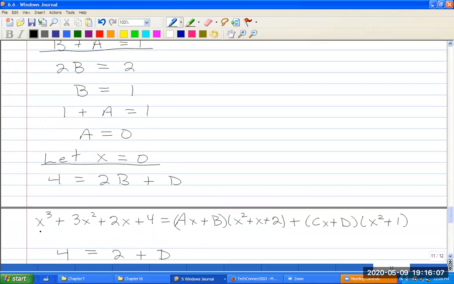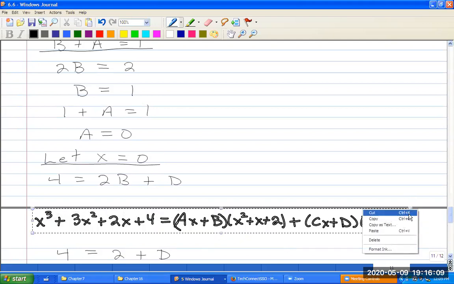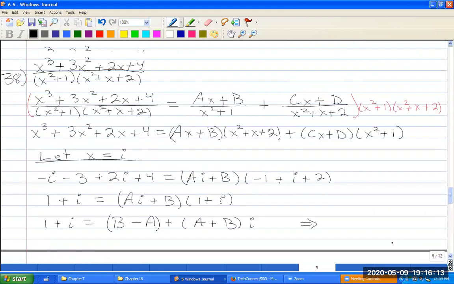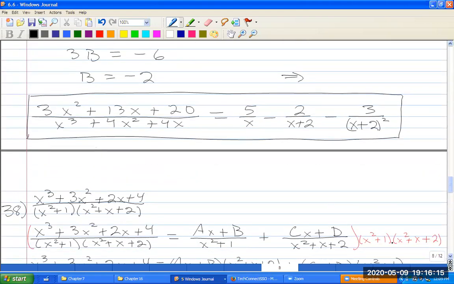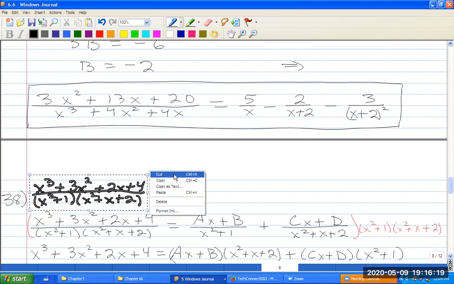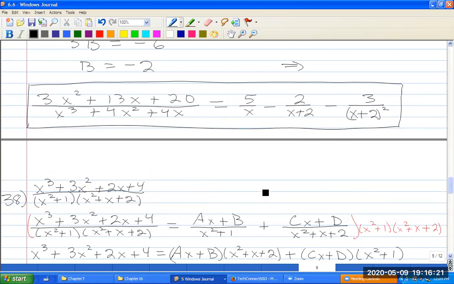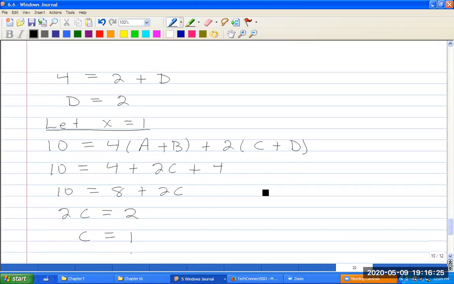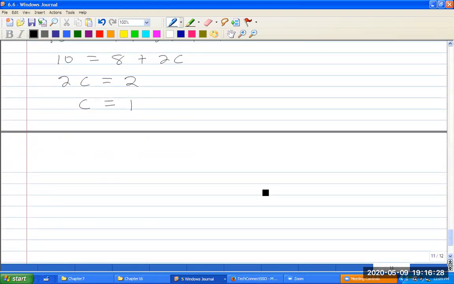Let me get rid of this guy. So my answer is, I have to look up to the very top because I've forgotten what the question is. So it's this guy. So copy. So finally, I have the partial fraction decomposition.